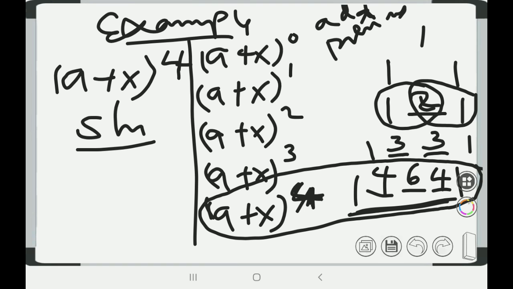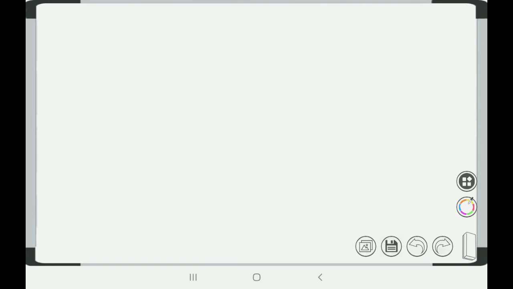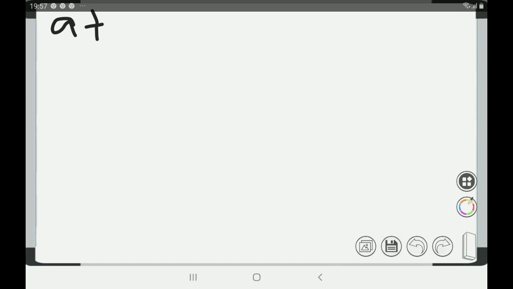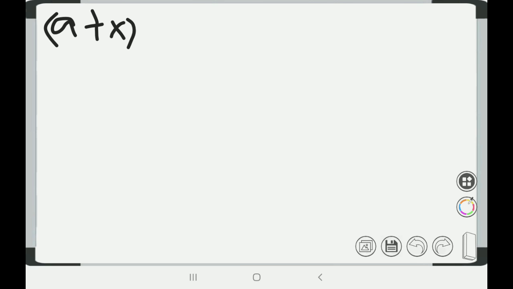So let us now do an example for the full binomial expression having a plus x raised to 4.